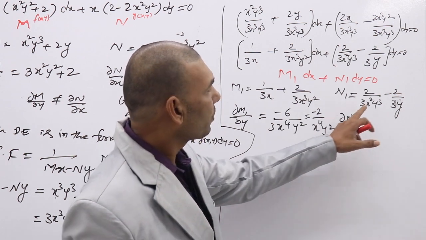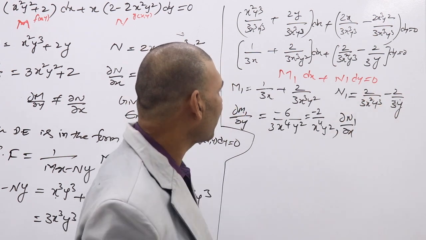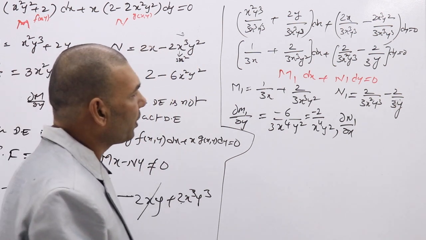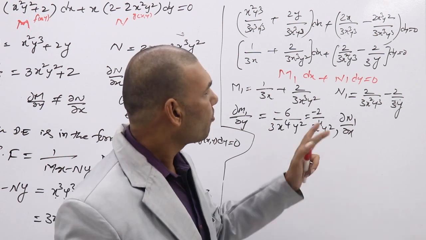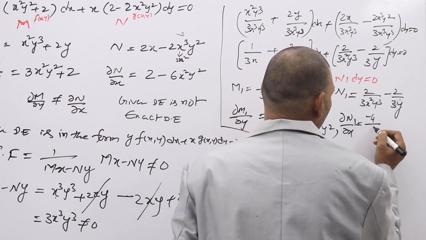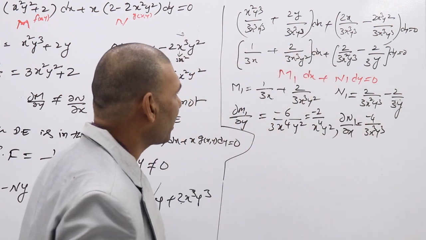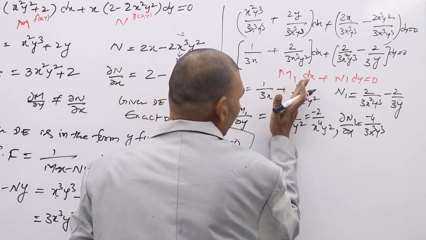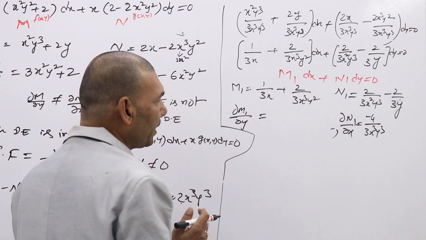Here also, differentiate with respect to x. Differentiation of 1 by x square minus 2 by x cube gives minus 4 by 3x cube y cube. Sorry, with respect to y, right? With respect to y means differentiate the y term only.